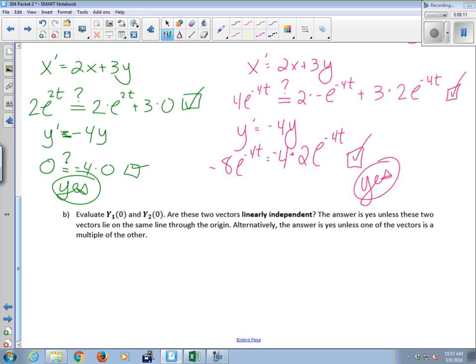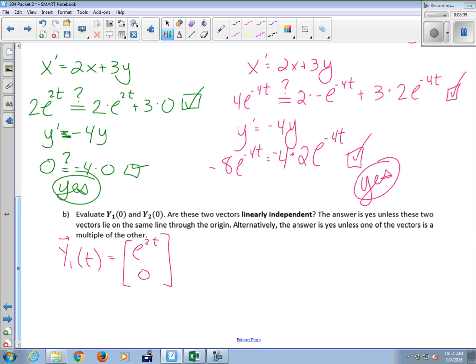Okay, so next thing I want to check out is y1 of 0 and y2 of 0. And I want to know whether or not they're linearly independent. So if you were here for linear, you'll remember that. And if not, don't think about it until after we have the vectors. Let's figure out what they are first. So remember, y1 of t is a vector valued function, and it's e to the 2t and 0.